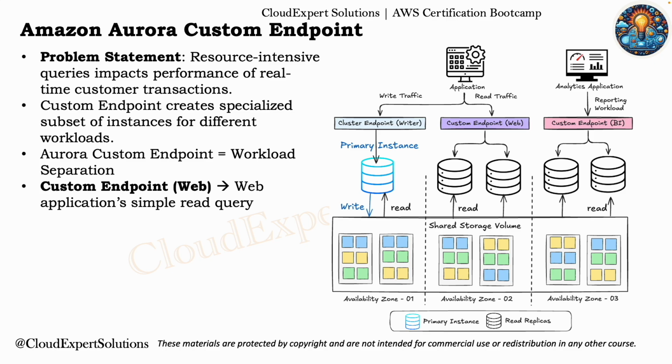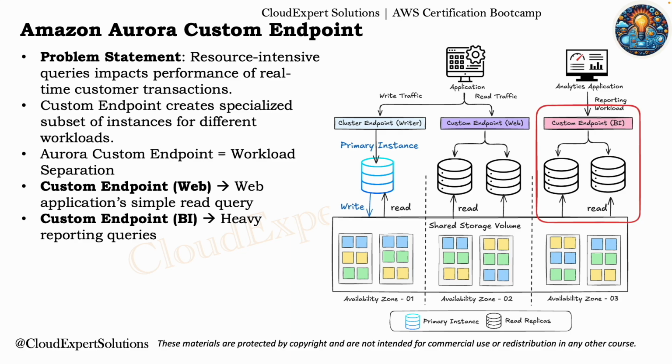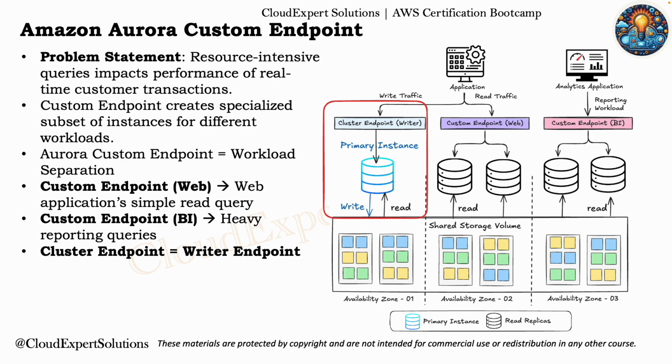With the custom endpoint for the web application, you can route the web application's simple read queries to one set of replicas, and then the heavy reporting queries to another set of replicas or to a larger replica using the custom endpoint for BI. You can use the writer endpoint or cluster endpoint for your applications to perform write operations like insert, update, and deletes on the database.